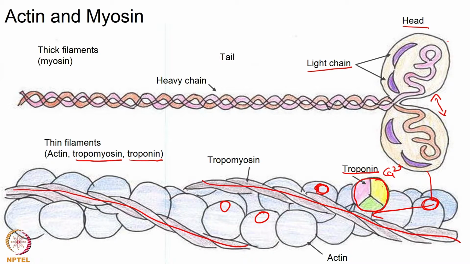We said that the thin filament is composed of actin, tropomyosin and troponin. Actin has the binding sites and tropomyosin covers them, and troponin when it interacts with calcium exposes the binding sites, and the myosin heads can interact with the binding sites whenever ATP is present.